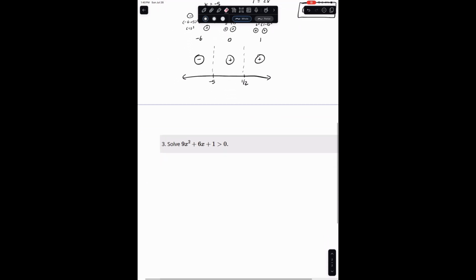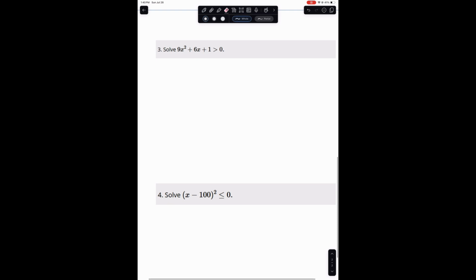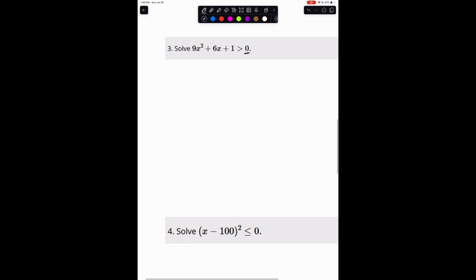Okay, so for our third question, right, 9x squared plus 6x plus 1 greater than or equal to 0. We already have 0 on one side, so all we have to do is factor. I'm looking for two numbers to multiply to 9 and add up to 6. That's 3 and 3. We can rewrite the left side as 9x squared plus 3x plus 3x plus 1.